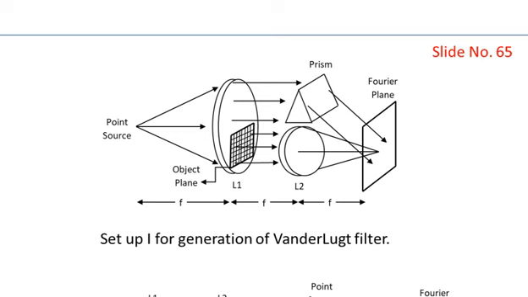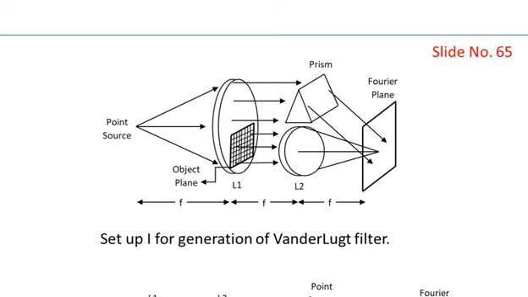The beam from the lens L2 at the Fourier plane may be called the Fourier transform beam or the object beam, and the beam from the prism at the Fourier plane may be referred to as the reference beam. These two beams interfere at the Fourier plane, so if you place a photoglass here and expose it, you are recording the amplitude at the Fourier plane.